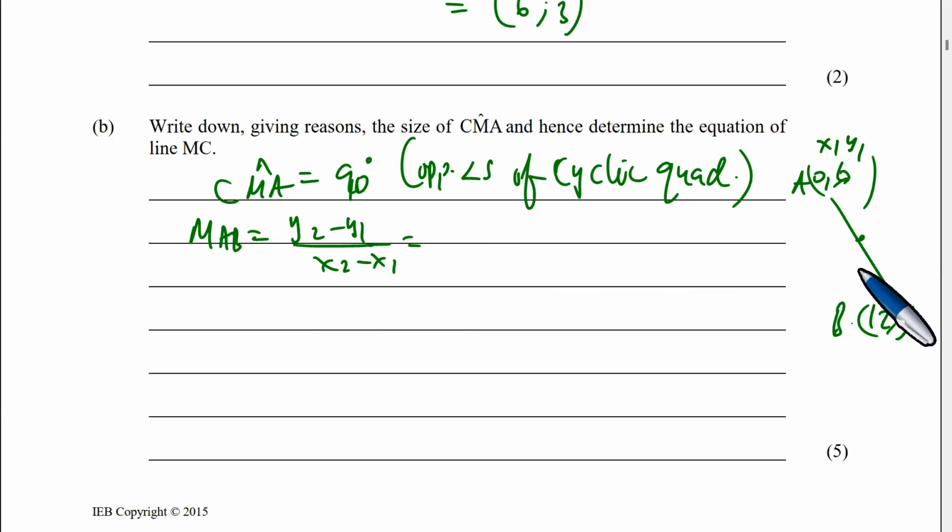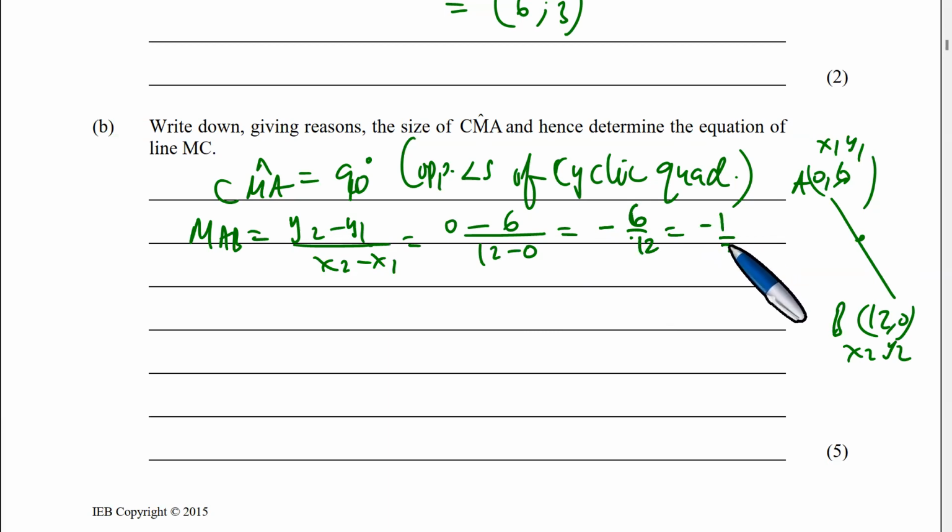So y2 minus y1 divided by x2 minus x1: minus 6 divided by 12, which becomes minus 6 over 12, which is minus 1 over 2, because 6 goes twice into 12.